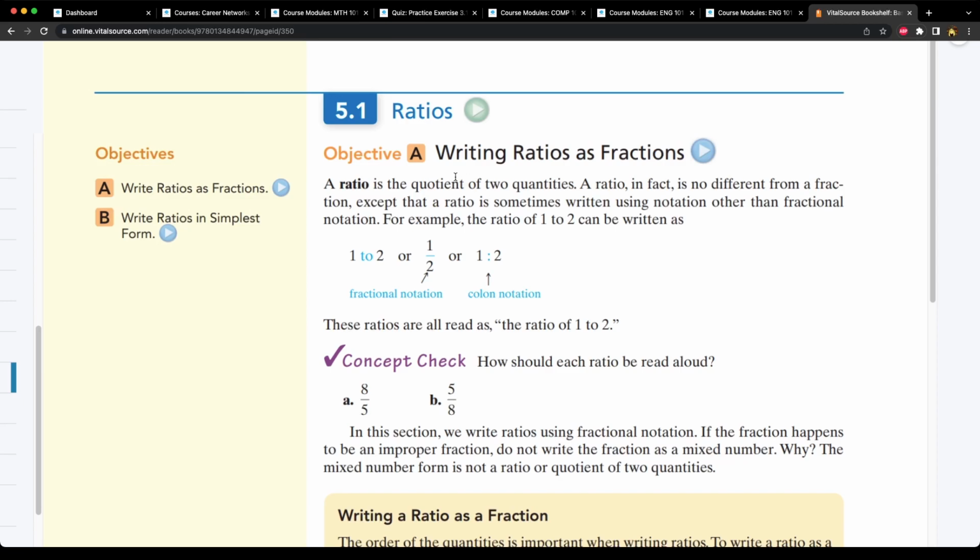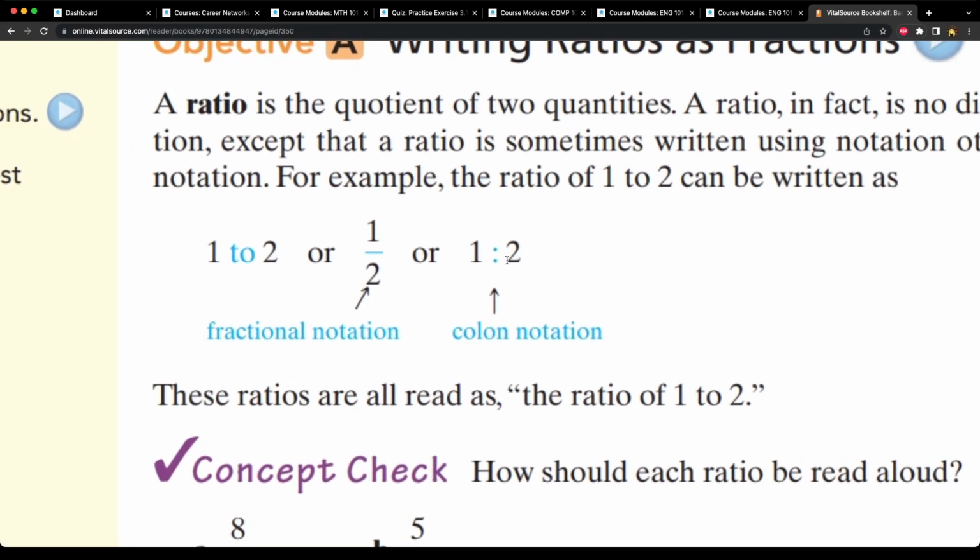Here, a ratio is the quotient of 2 quantities. A ratio, in fact, is no different from a fraction, except that a ratio is sometimes written using notation other than fractional notation. For example, the ratio of 1 to 2 can be written as 1 half, or it can be written with a colon, 1:2.